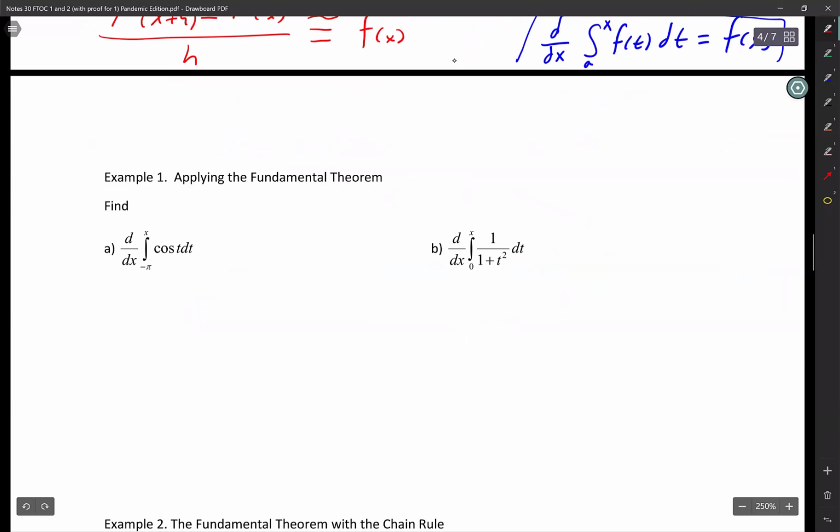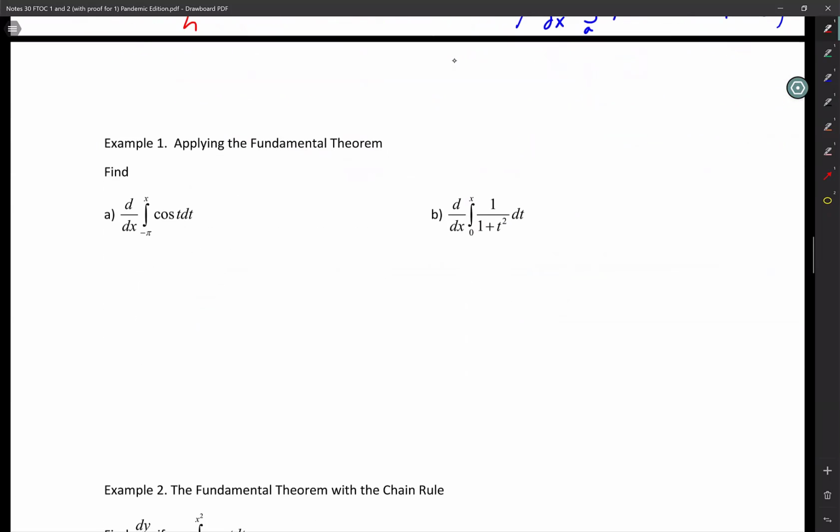Like this, guys. I'm taking the derivative. Look at letter A. Do I have a constant in the bottom? Yes. Do I have a variable x in the top? All this right here just equals cosine x. Done. That's it. I just took the derivative.